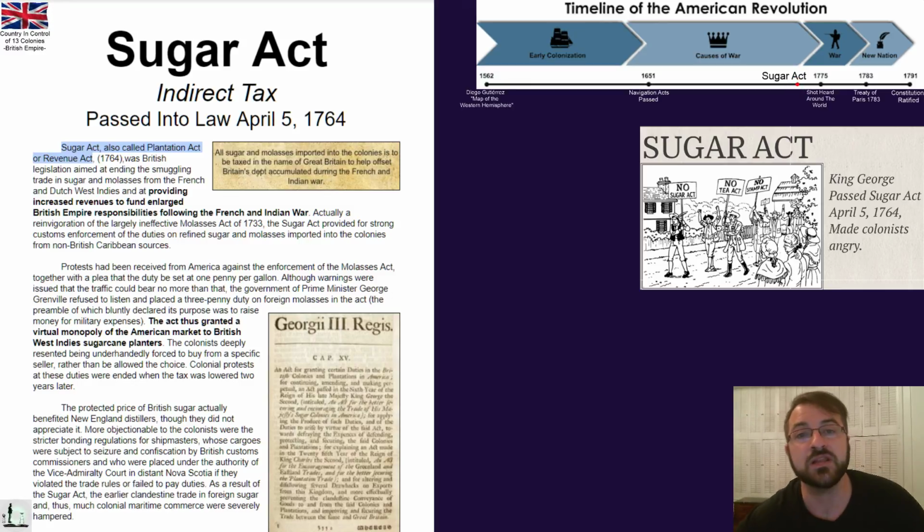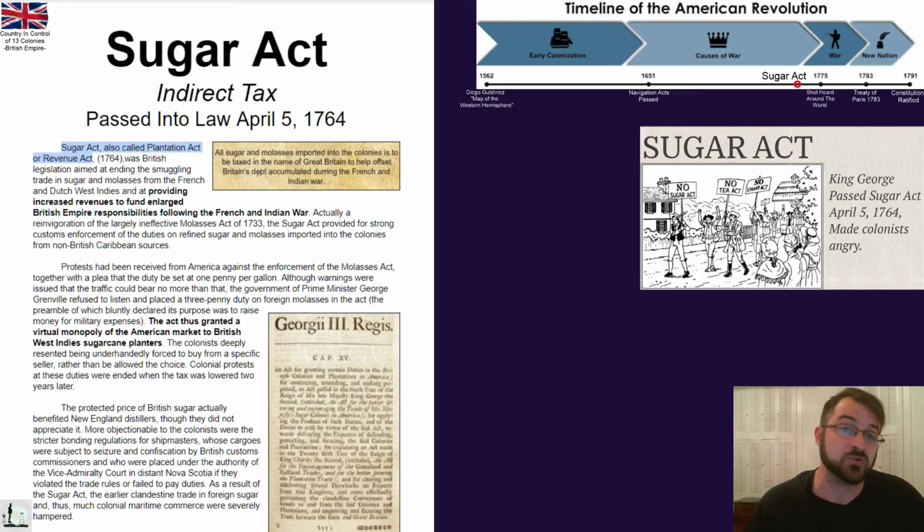And if you were in London, England, where they wrote this act, they called it the Revenue Act because the point of this act was to raise money to pay for soldiers, 10,000 soldiers that were going to be staying in the colonies, and to pay debts accumulated by Great Britain fighting in the French and Indian War, which happened in the 13 colonies.